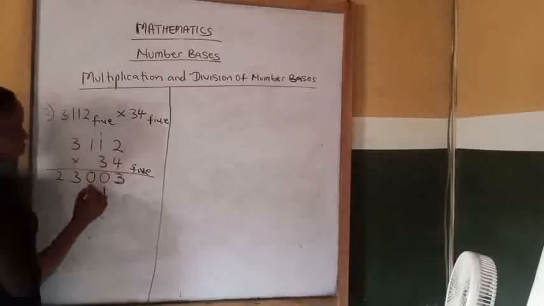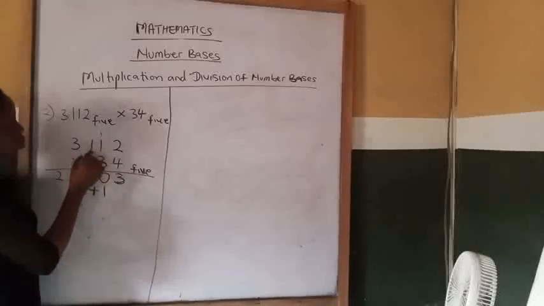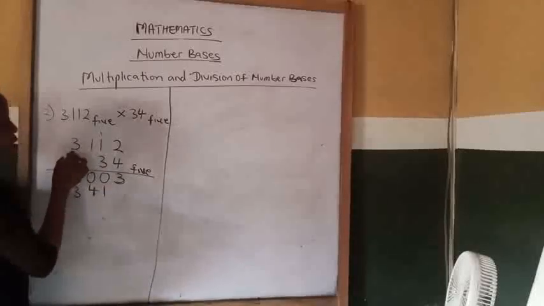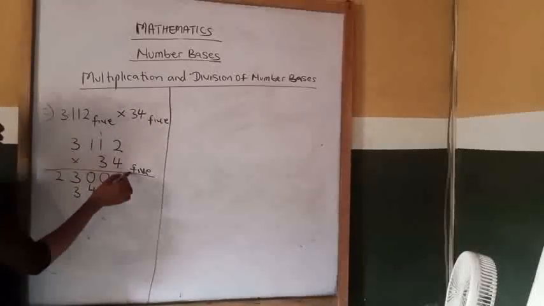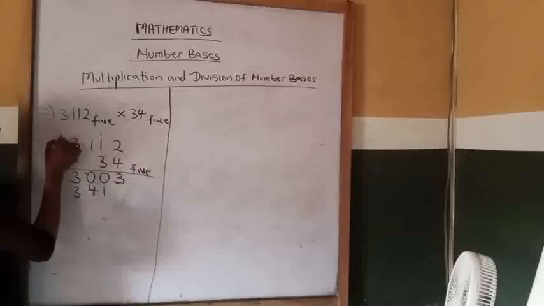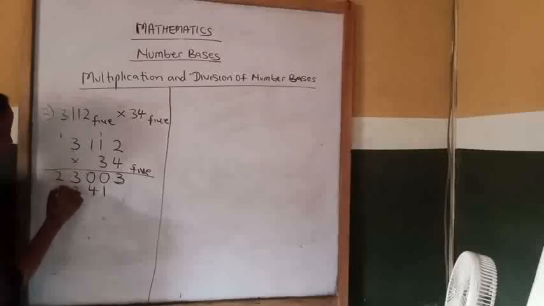It's not up to our 5, so we write it down. Then 3 times 3 is 9, which is greater than your base. How many 5 can we get in 9? That is 1. Remainder 4.